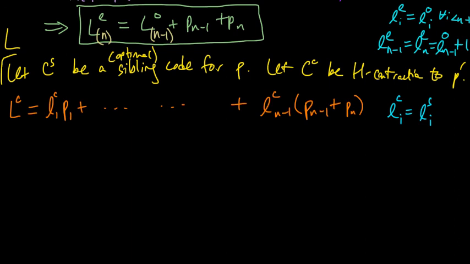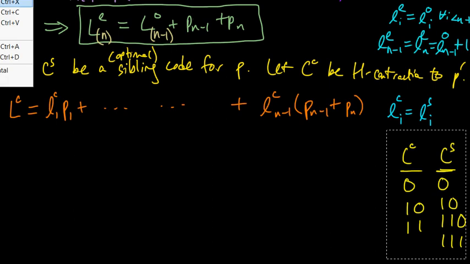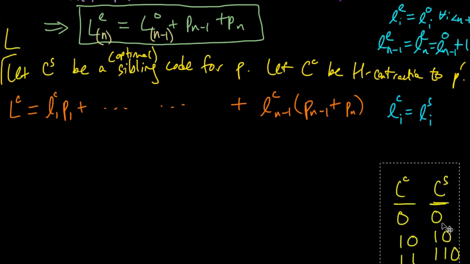So now we have the sibling code over here and the contraction, and we'll just use our same very simple example: 0, 10, 110, 111, and these are our siblings. And the contraction, we just combine the two siblings, merge the two siblings.